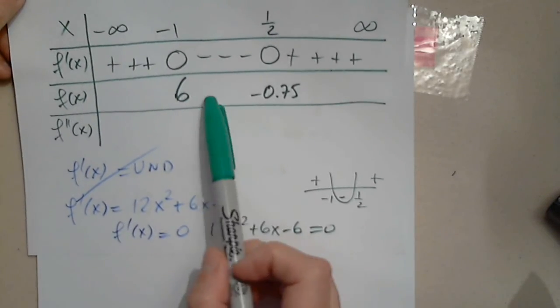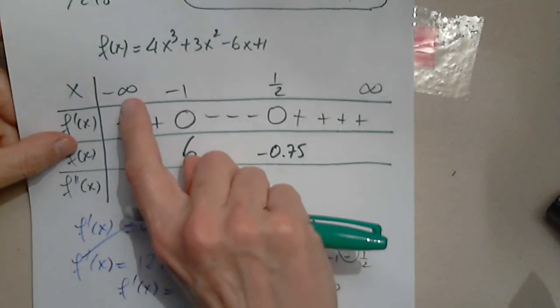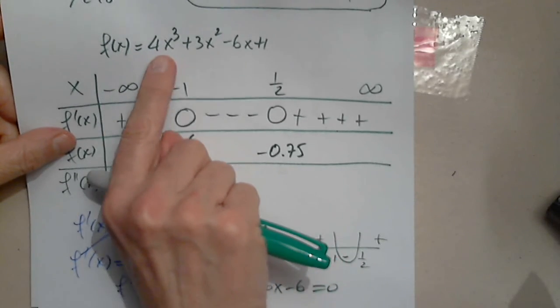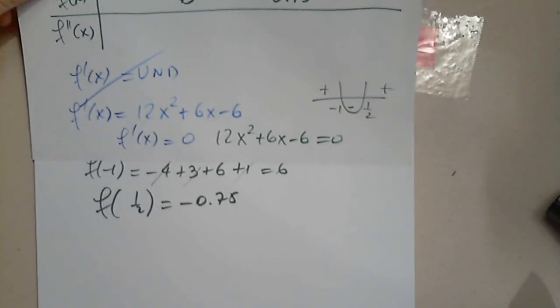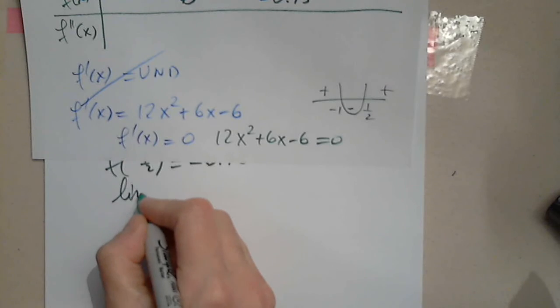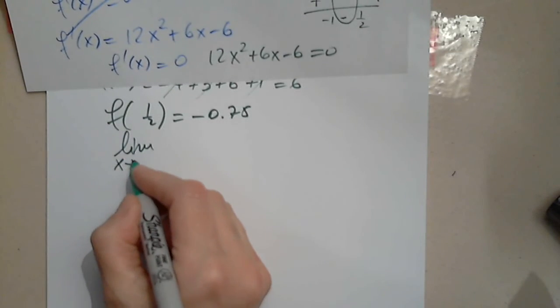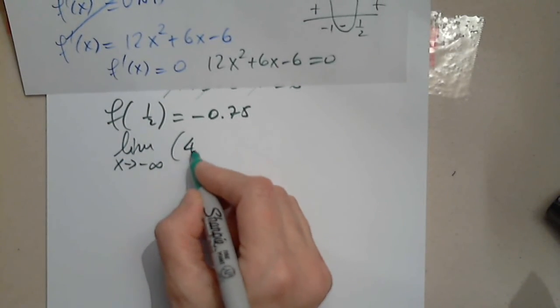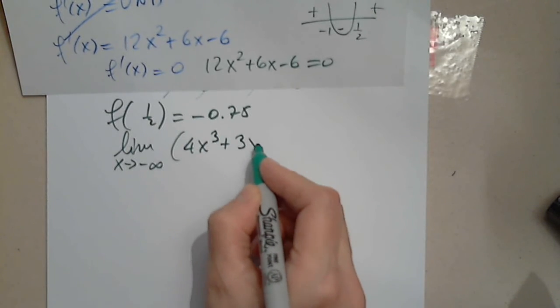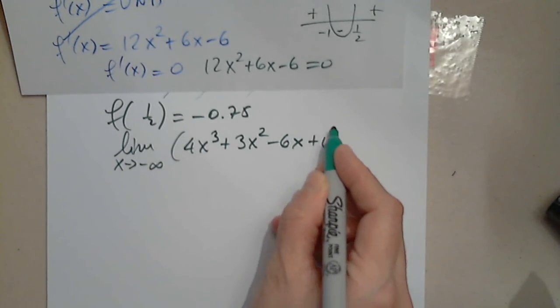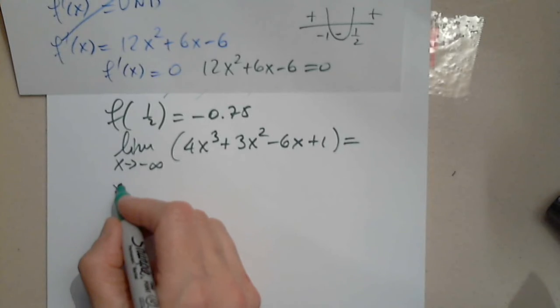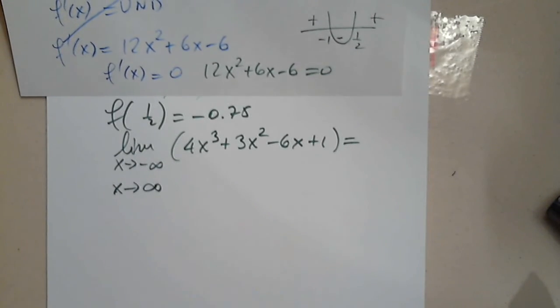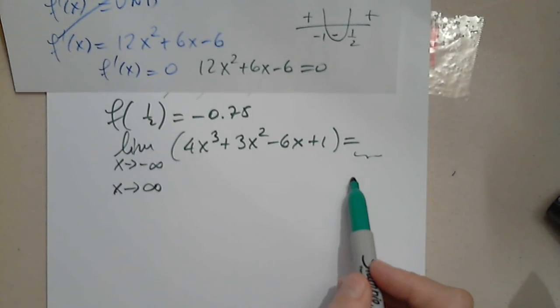Okay, so can anyone give us the limit as x approaches negative infinity from this function? Limit as x approaches negative infinity from 4x cubed plus 3x squared minus 6x plus 1. And then the limit as x approaches infinity. Can anyone give us this and then this?